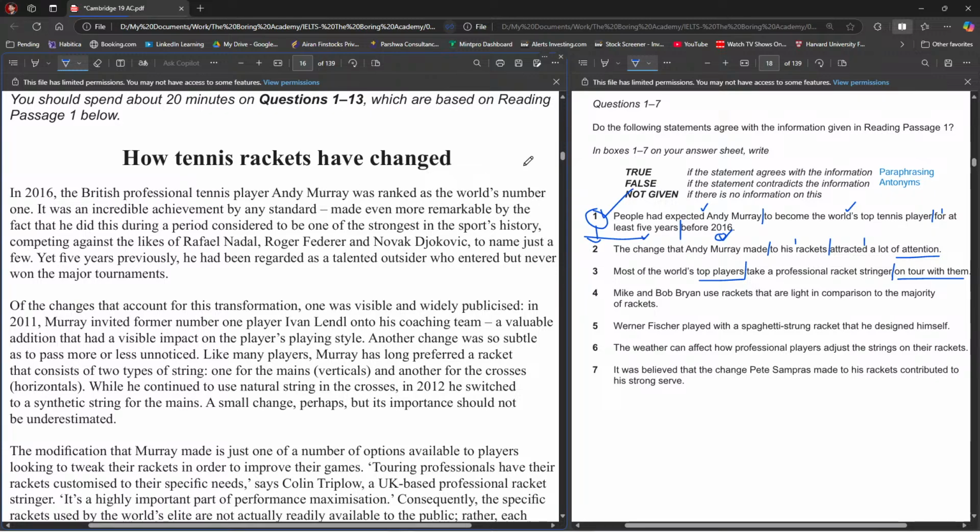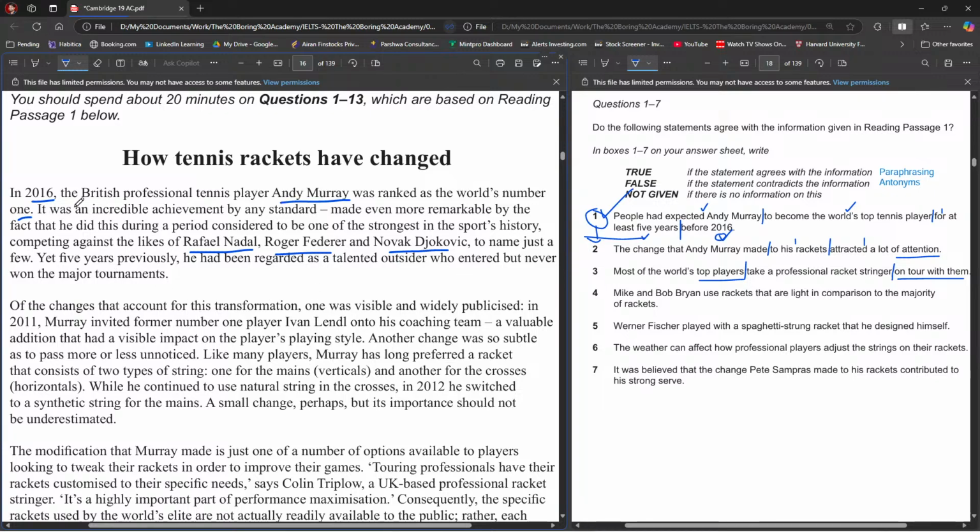So he was already declared world's number one in 2016. It was an incredible achievement by any standard, made even more remarkable by the fact that he did this during the period considered to be one of the strongest in sports history. So in 2016, there were other players like Rafael Nadal, Roger Federer and Novak Djokovic. These were world-class players and he was able to beat everyone and become world's number one, Andy Murray.